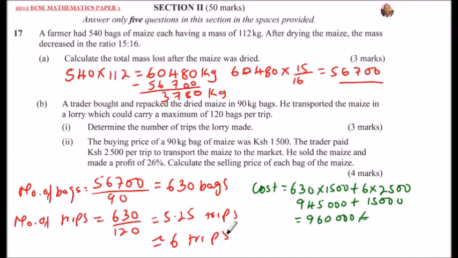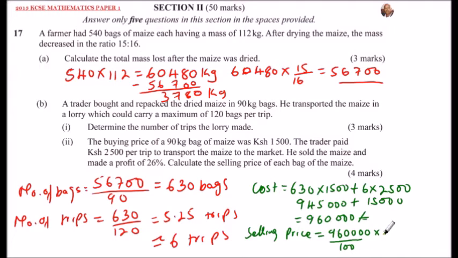Kenyan shillings. So the selling price, if he made 26%, you would say selling price is equal to the amount spent, that is 960,000, divided by 100. This will be the cost.